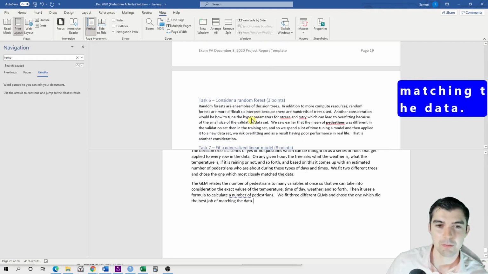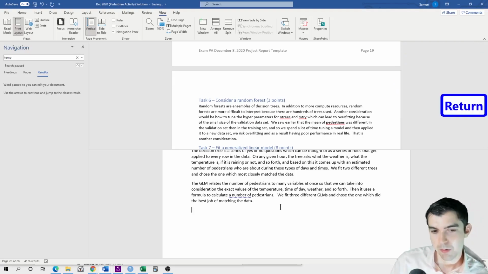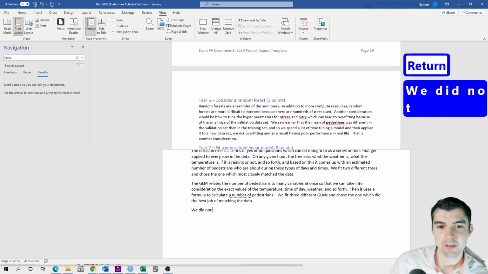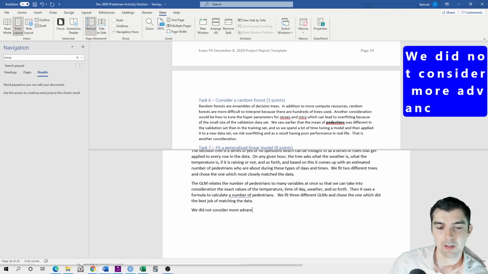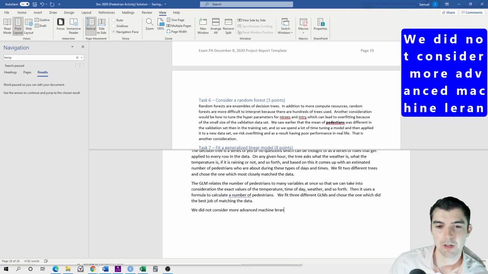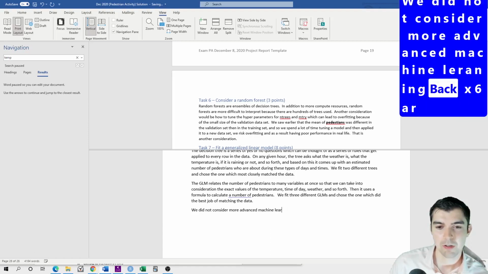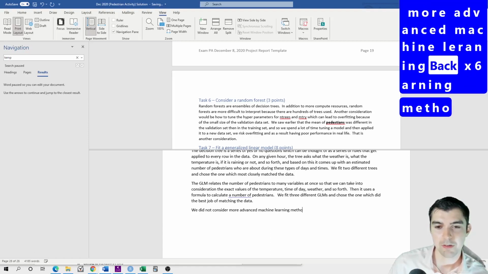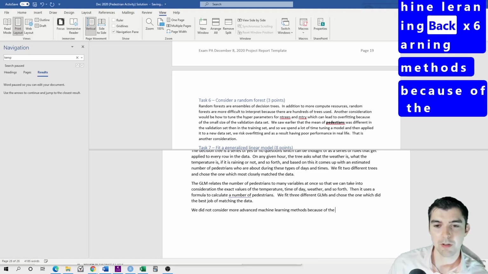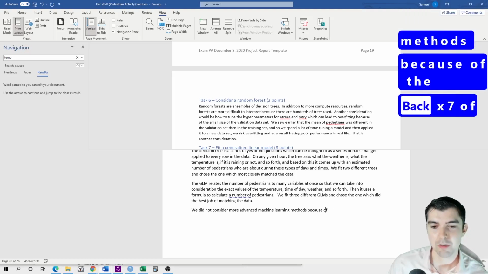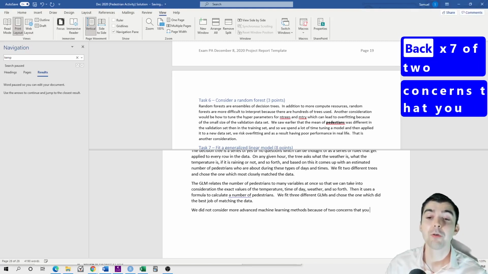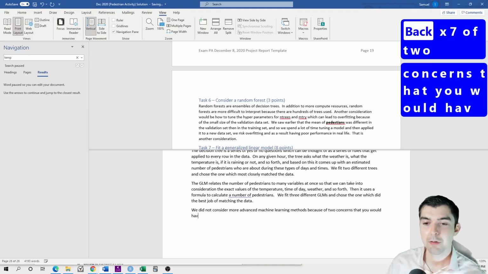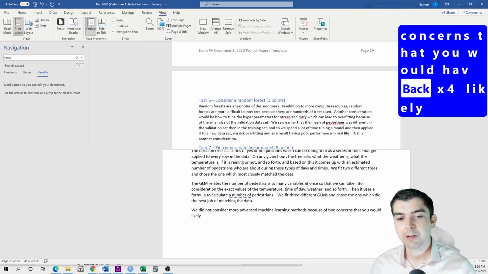We did not use more advanced machine learning methods because of two risks, two concerns that you would likely have.